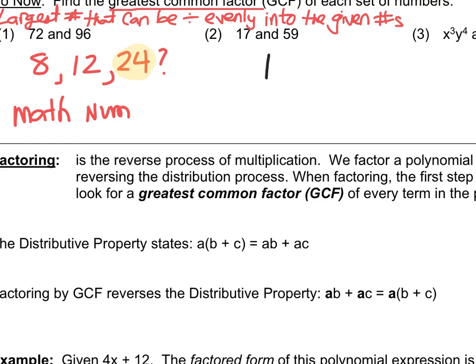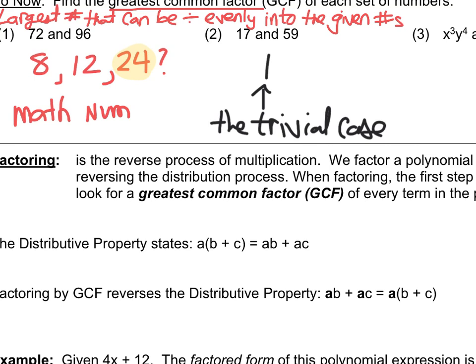This is called the trivial value, or the trivial case. You don't have any non-trivial values that divide into 17 and 59.